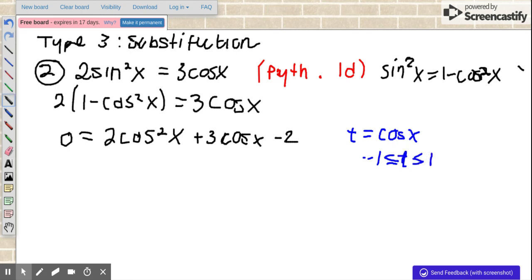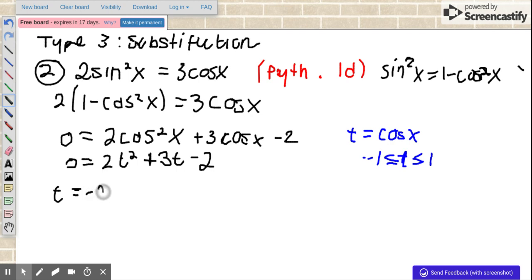So keeping this in mind, when we solve using the discriminant, we're going to get here 2t squared plus 3t minus 2. When you do the discriminant, you're going to get 2 valid solutions. The first one should be t is equal to minus 2.